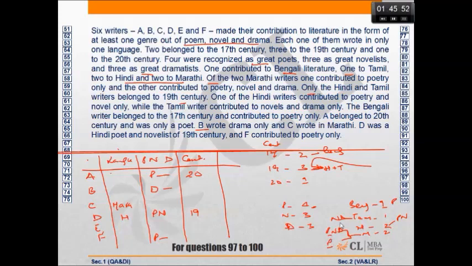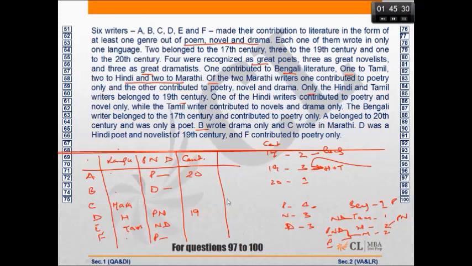The Tamil one is novel and drama, so F cannot be Tamil. A, B, so that means E has to be Tamil, and he has to be novel and drama.